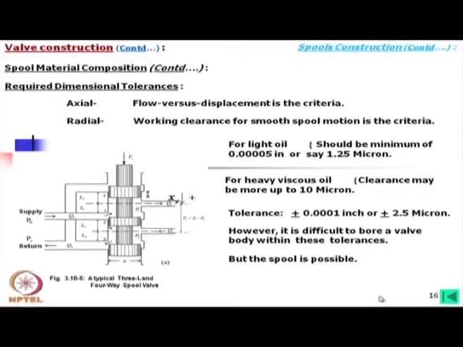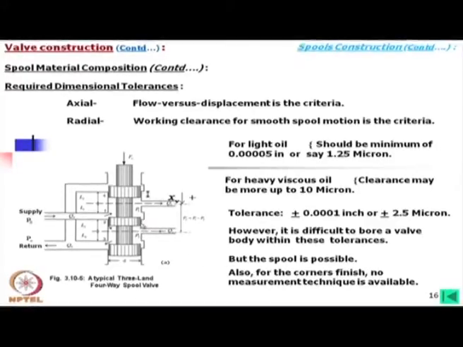But there is another problem, which is the corner finish. In case of the spool we can control it somewhat, but in case of the internal one, it is very difficult to control these corners. Now, sharp corners are better from the performance point of view, but sharp corners may create breakage of the corners and then by that jamming of the spool inside.